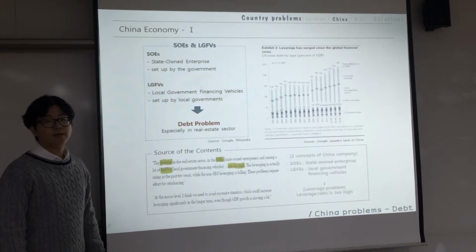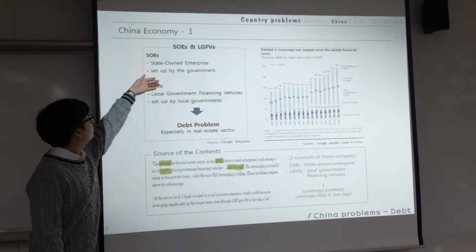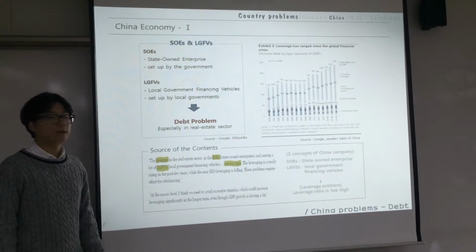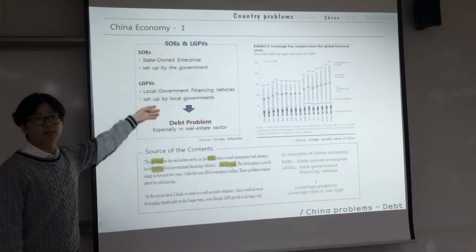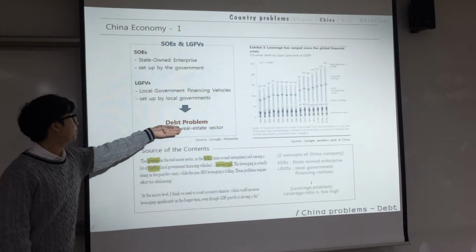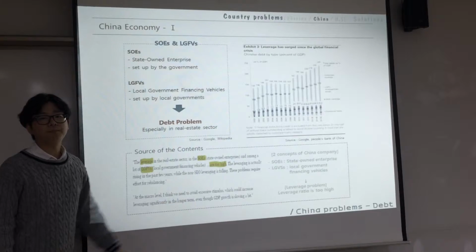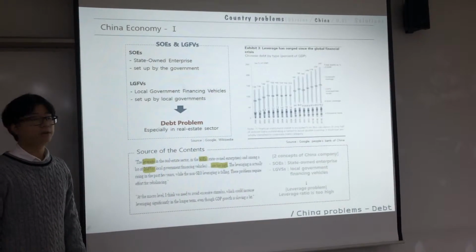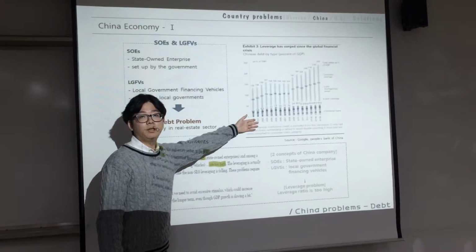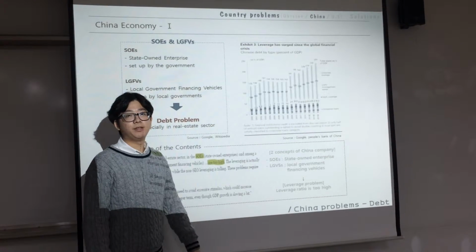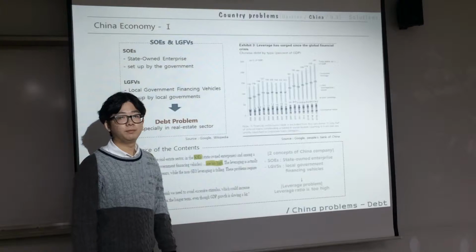State-owned enterprises are set up by the central government, and local government financing vehicles are set up by the local governments. But they both have debt problems, especially in the real estate sector. According to this graph, the LGFV and government debt ratio has increased, and thus they have debt problems.